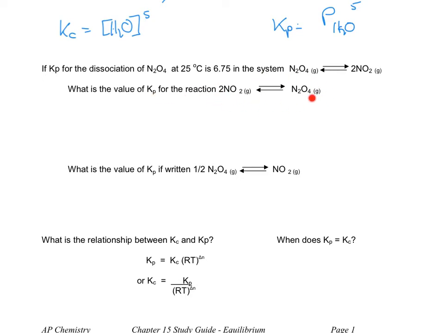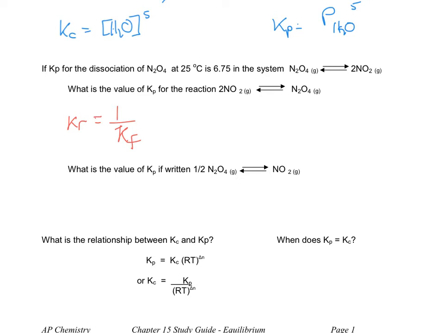Now, how does this reaction relate to this one? It's the reverse of it. And so if you were doing K for the reverse reaction, it would be 1 over K for the forward. K reverse equals 1 over K forward, just like you would do with Kc.